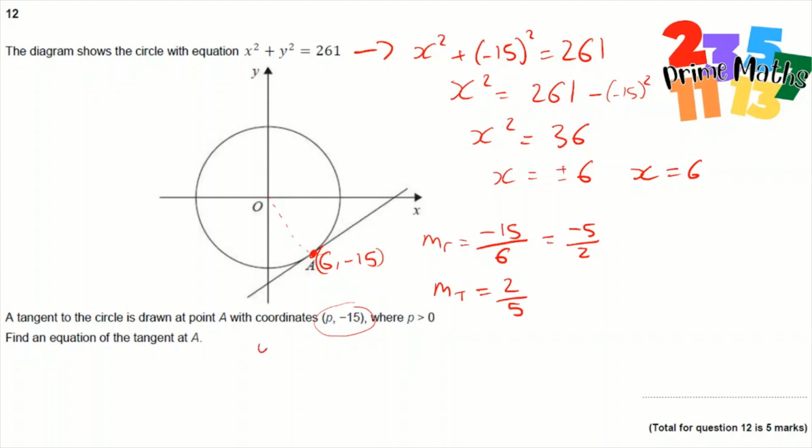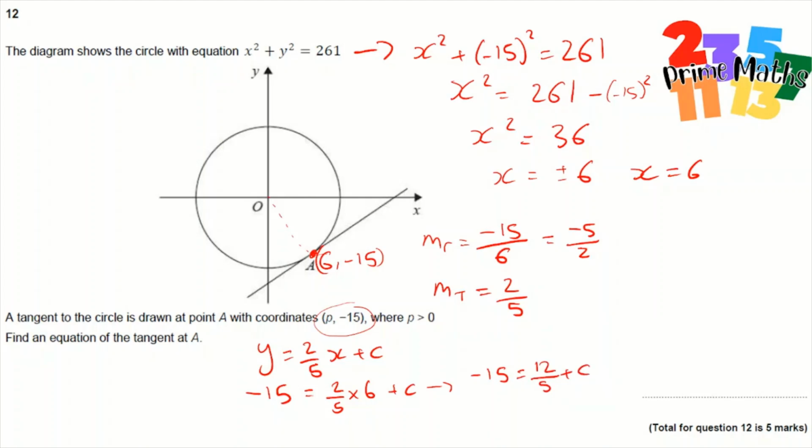I can then use y is equal to mx plus c to work out what my y-intercept would be. Put the coordinates in. Minus 15 is 2/5 times 6 plus c. This tells me that minus 15 is 12 over 5 plus c.